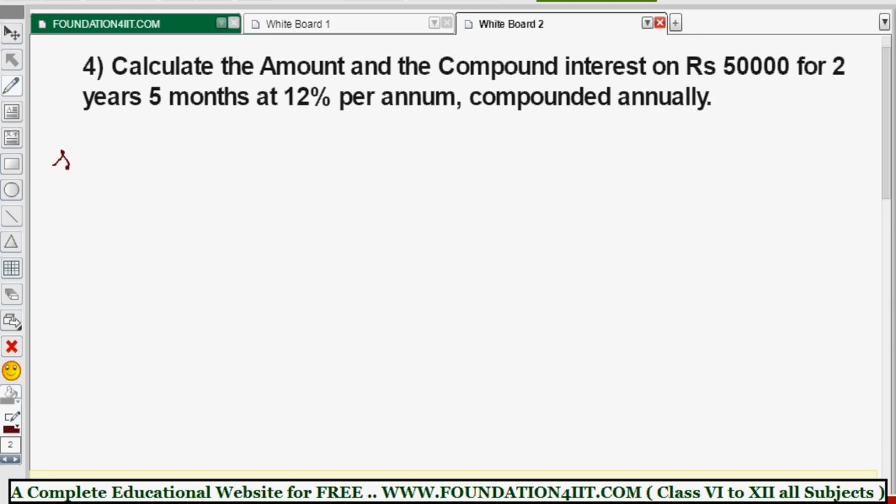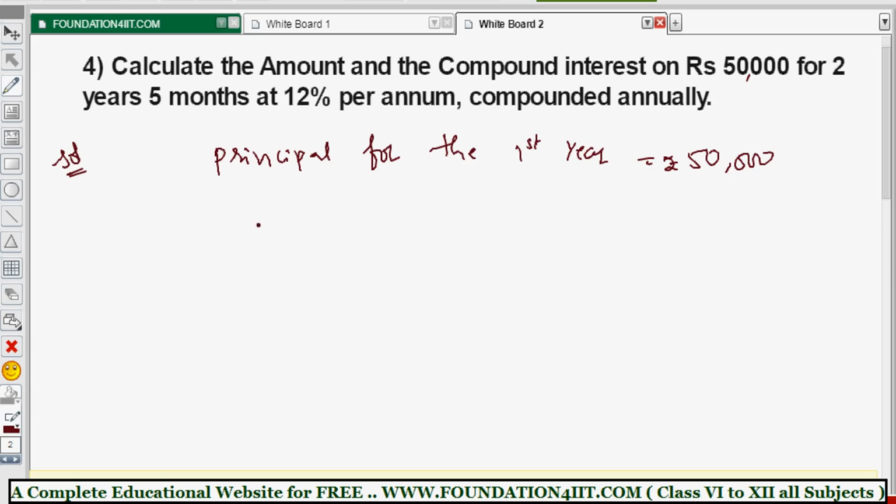Here the same method applies. The principal for the first year is 50,000. Up to the second year you will do as usual.